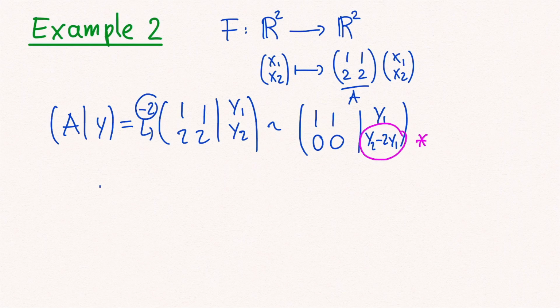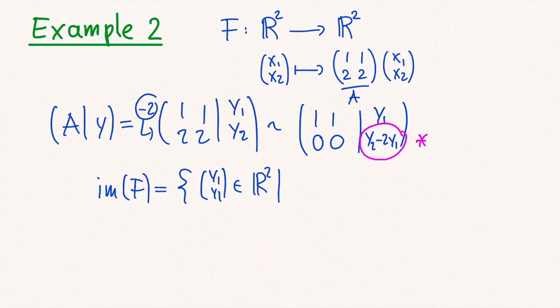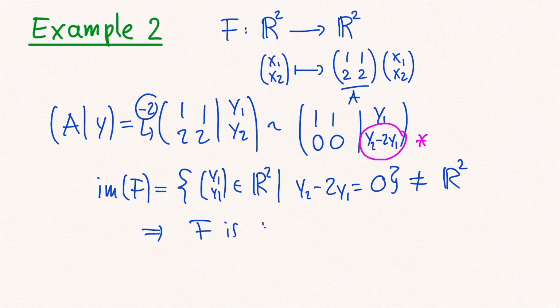So in this case, the image of f are those vectors y1, y2 in R2 which satisfy that this here equals 0. So y2 minus 2 times y1 needs to be 0. And not all vectors satisfy this. So therefore, in this case, f is not surjective.